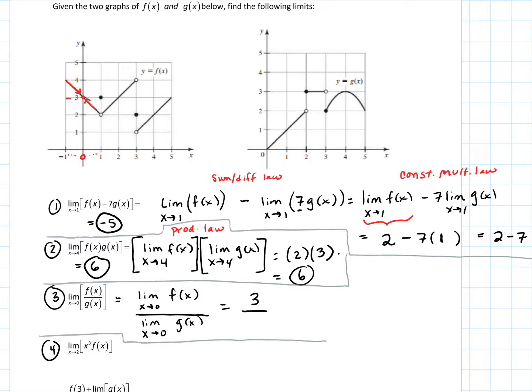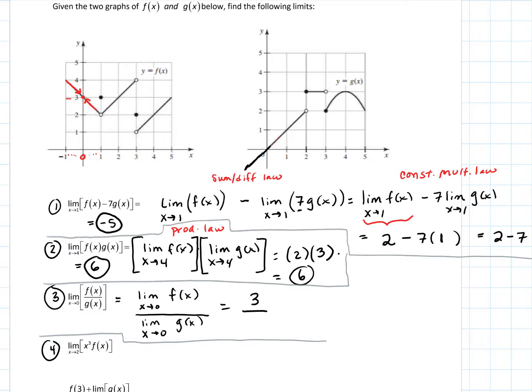And as we go to g of x, the limit as x approaches 0 of g of x, notice that we actually only have one side here, and so just to make this simple, I should have drawn that down a little bit. Let's make it look like that. There we go, there's g of x.